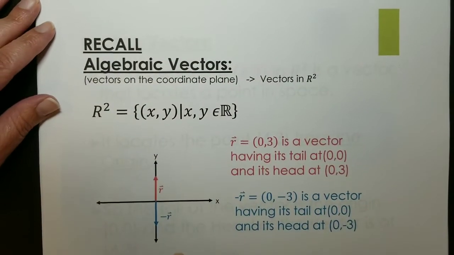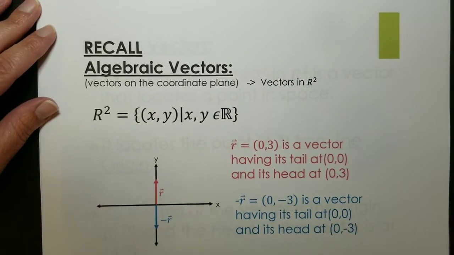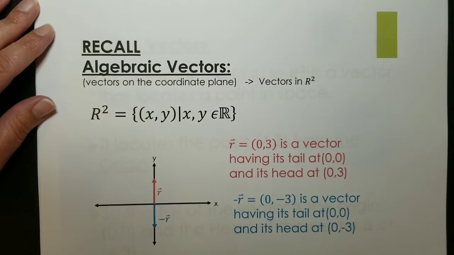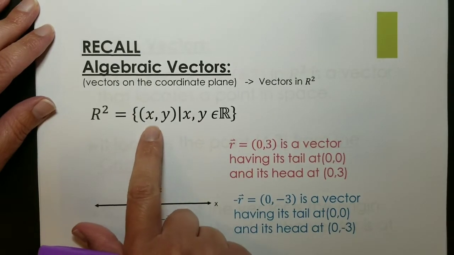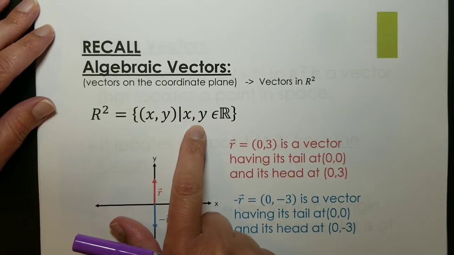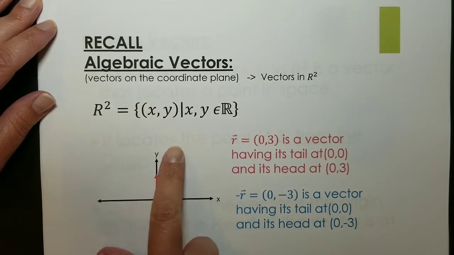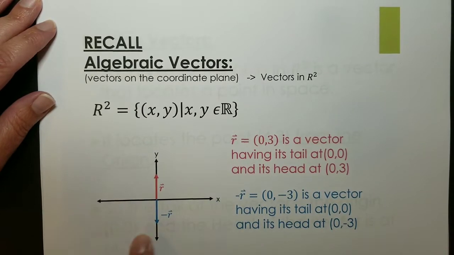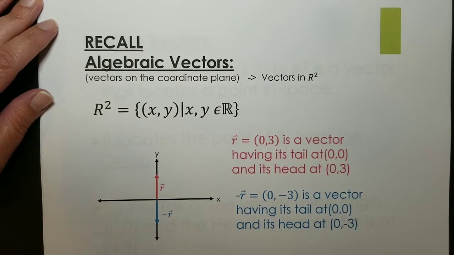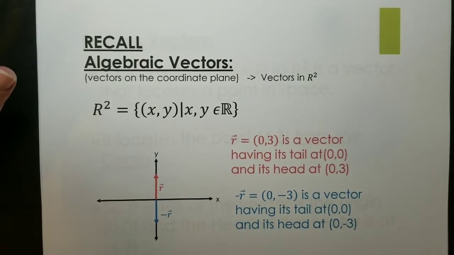So remember we talked about R2 being the definition of our regular XY coordinate plane, and that's the set of all pairs of numbers x and y such that x and y are both in the real number system. So essentially, it's every point on the regular Cartesian plane that you guys have been working with for years.